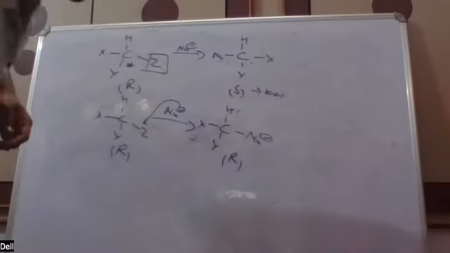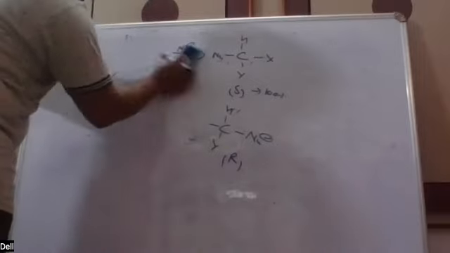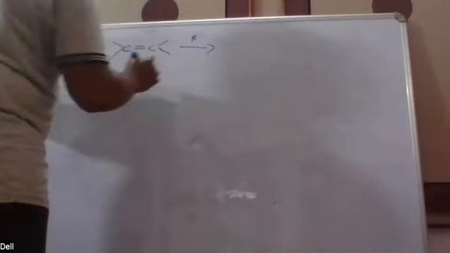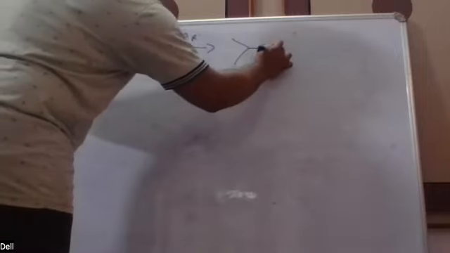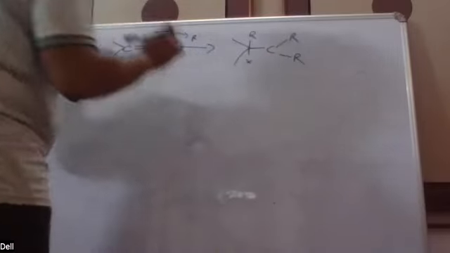Yes, good. And next, what is the difference between addition free radical and substitution free radical? In free radical addition reactions, if any unsaturated substrate is there and a radical adds, there will be a formation of a radical, but the final product will be a saturated product with the addition. So the unsaturated substrate is converted into a saturated product.